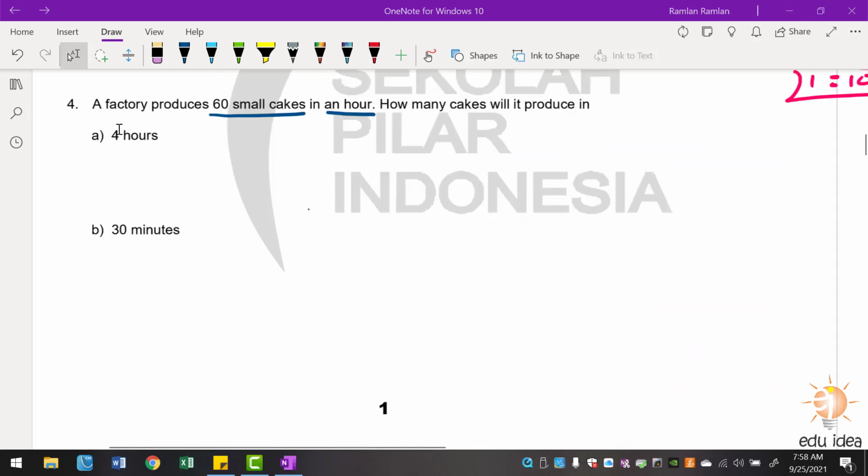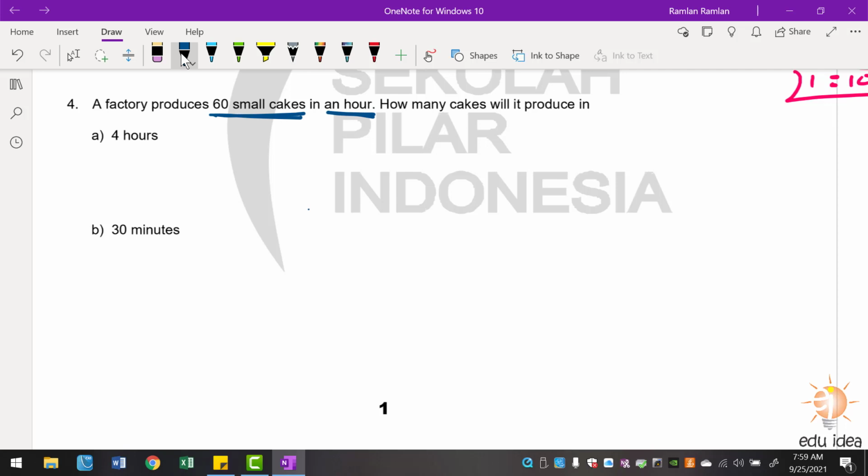Number 4, a factory produces 60 small cakes in an hour. How many cakes will it produce in 4 hours? Okay, so in here, guys, you need to understand again how to interpret the question and how to retrieve information from the question. In here, it said 60 cakes in 1 hour.